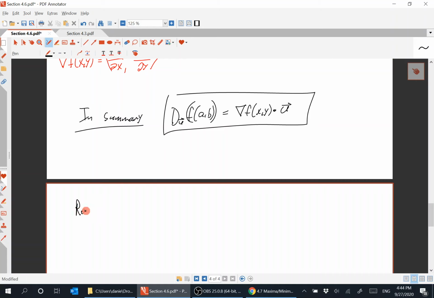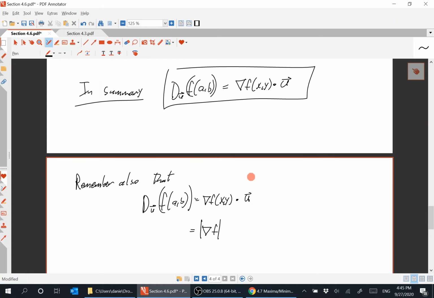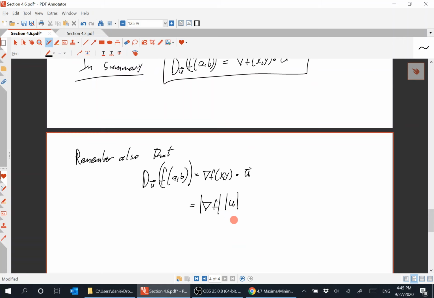Remember also that the derivative with respect to u of f at (a, b) is equal to the gradient of f dot u, which is the length of the gradient times the length of u times cosine theta, where theta is the angle between the gradient and u.